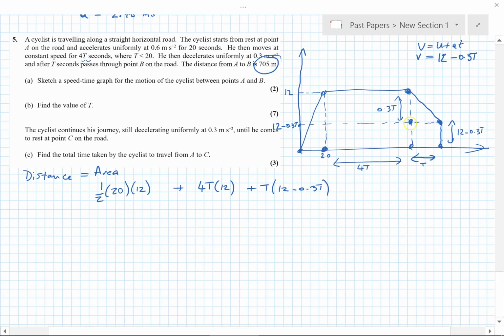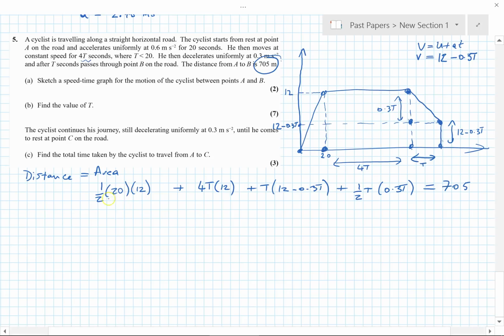And then this triangle here is a half times t times 0.3t. And that all equals 705. Okay, so that's our equation that we need to solve.